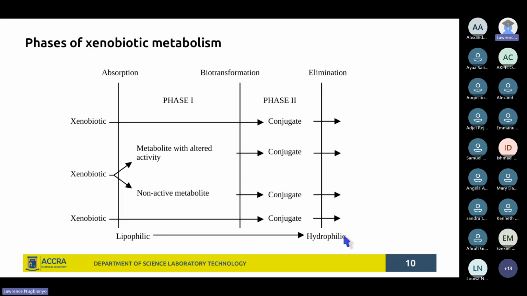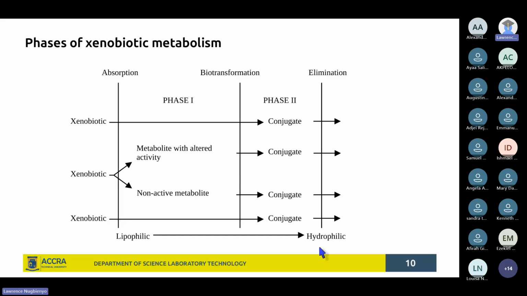Urine is aqueous, so the substance has to be made hydrophilic in order for it to be excreted out of the body. Even if you think of the minor routes of excretion, maybe through saliva or through sweat, all of these routes involve excretion by fluids which are aqueous.